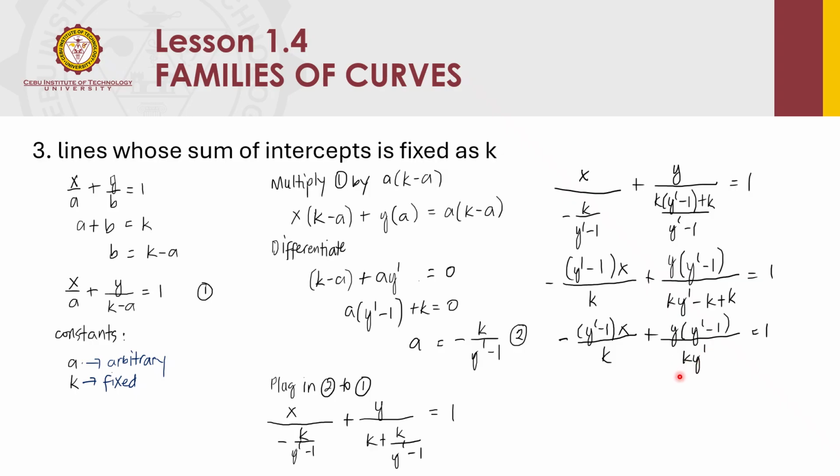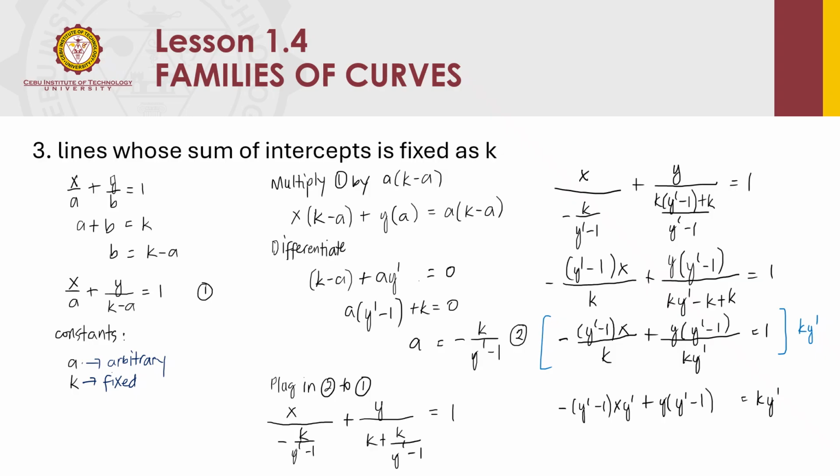So we're going to multiply the whole equation by ky prime. So we get negative y prime minus 1 times x times y prime, k plus y times y prime minus 1 equals k times y prime.